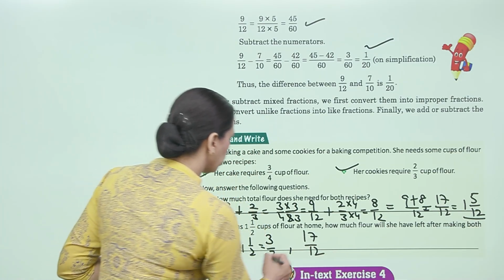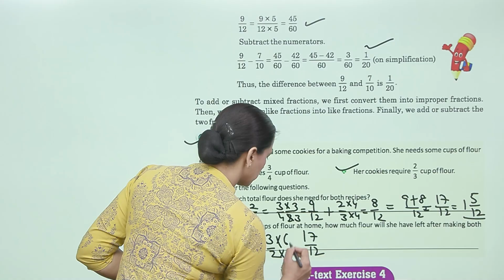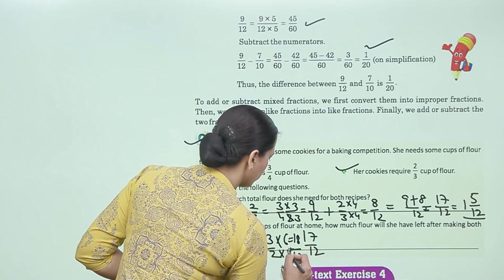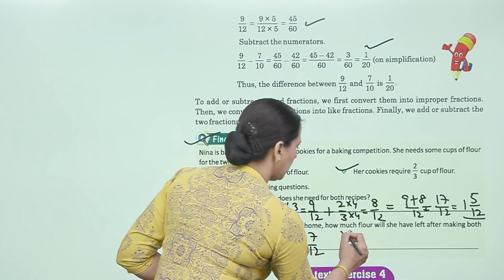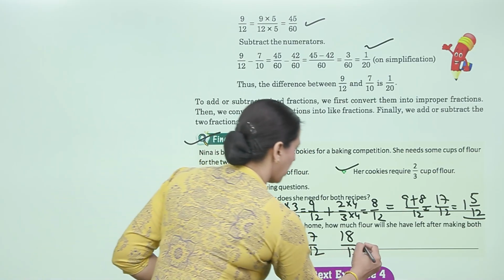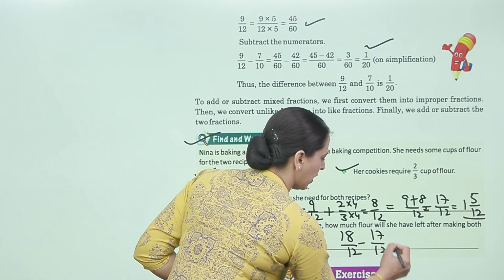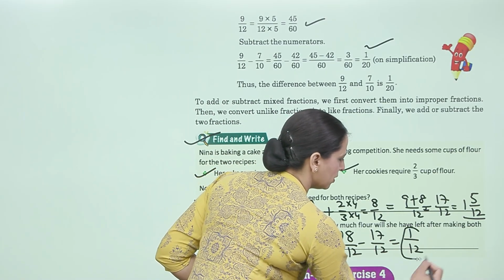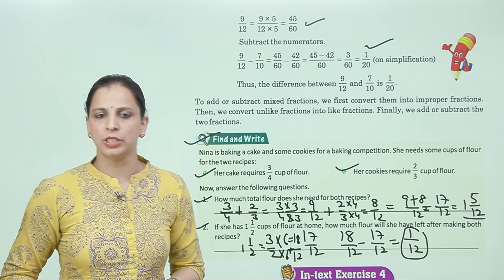Now 3 by 2 is multiplied by 6, that is 18 by 12. So 18 by 12 she has minus 17 by 12 she required. So 1 by 12 is left after making both the recipes.